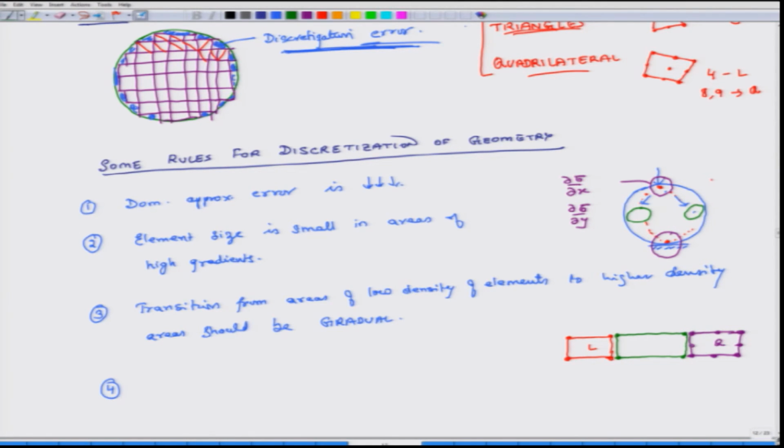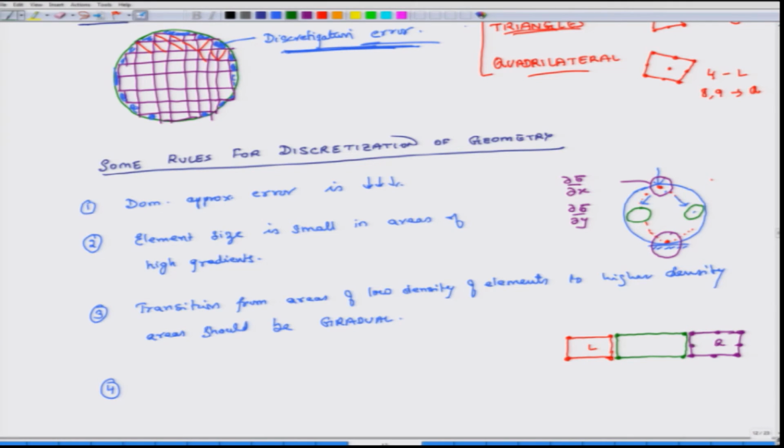But then, when I am doing my assembly operation, I have to make sure that common nodes match, which I cannot do here at the interface of green and purple, right. And if I use a quadratic element for green, the same problem will come between red and green, right. What do I do?